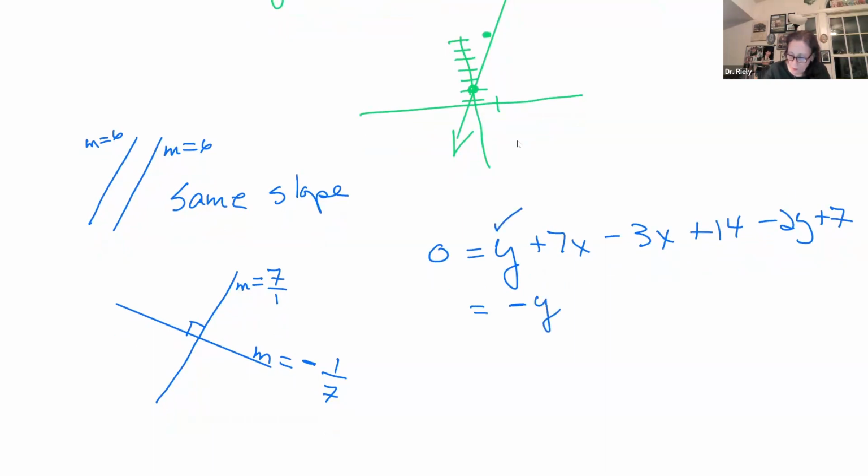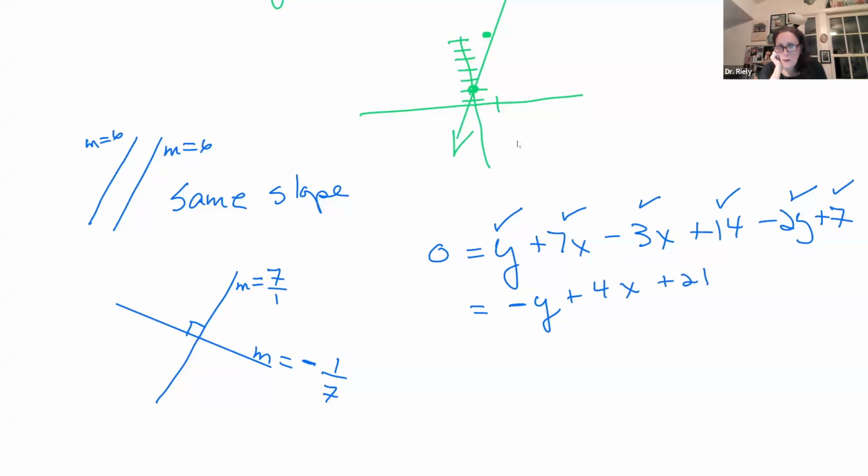I'm now done with those. Then I have my 7x and my negative 3x. If I do these two together, that's going to get me a positive 4x, and I'm done with that. Then I have numbers left, and they're both positive, so that's going to be plus 21. So that's what I have.